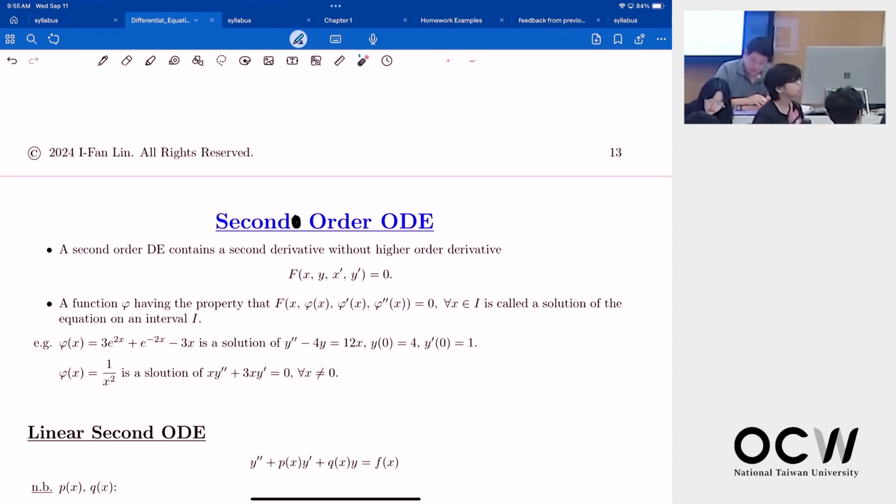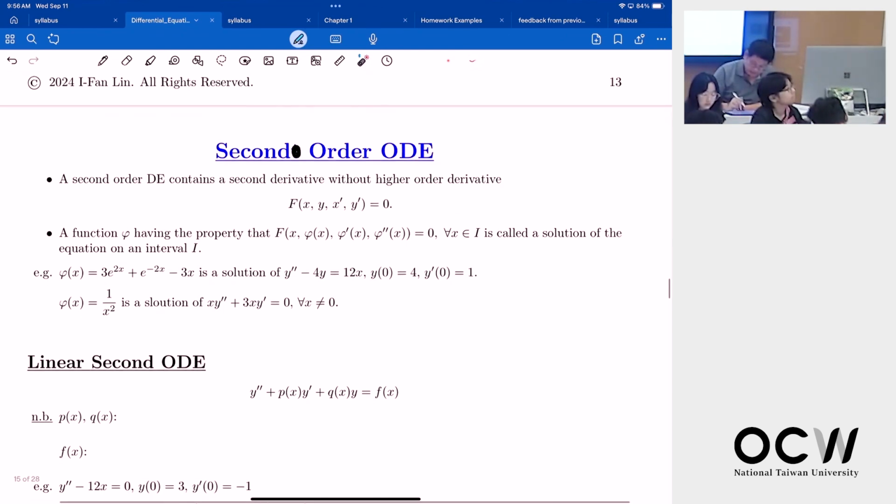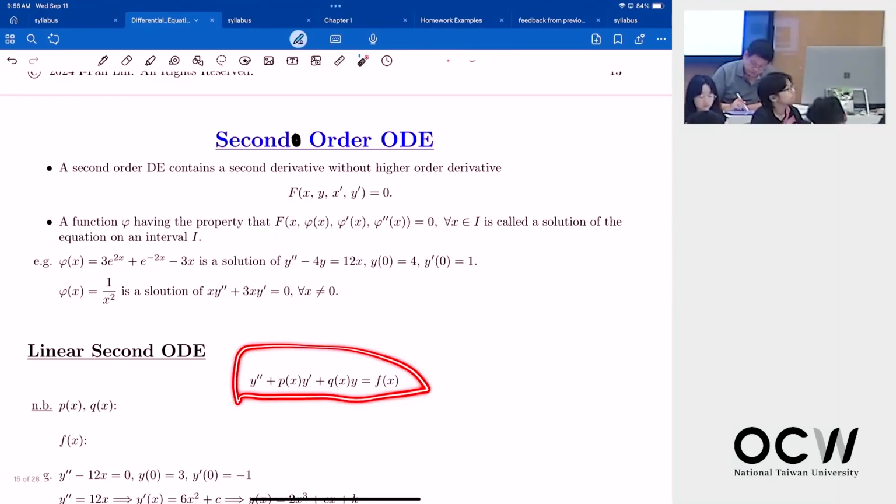So now, again, for the second order differential equation, we also need to know some types. First is like linear second order ordinary differential equation. What is linear second order differential equation? I have the equation form: y double prime plus p of x times y prime, plus a function of x times y equals a function of x.